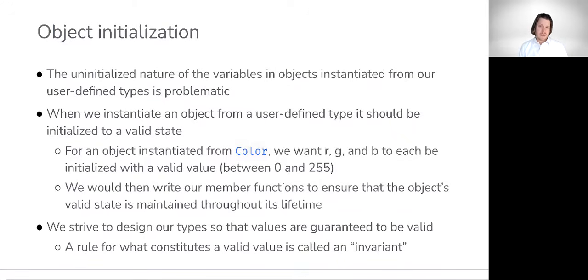In other words, the data members R, G, and B could never take on invalid values, which in the context of our discussion here for color would be outside of 0 through 255. We're going to strive to design our types so that values are guaranteed to be valid. And that's what I mean when I keep referring to this idea of an invariant. An invariant is simply a rule for what constitutes a valid value.